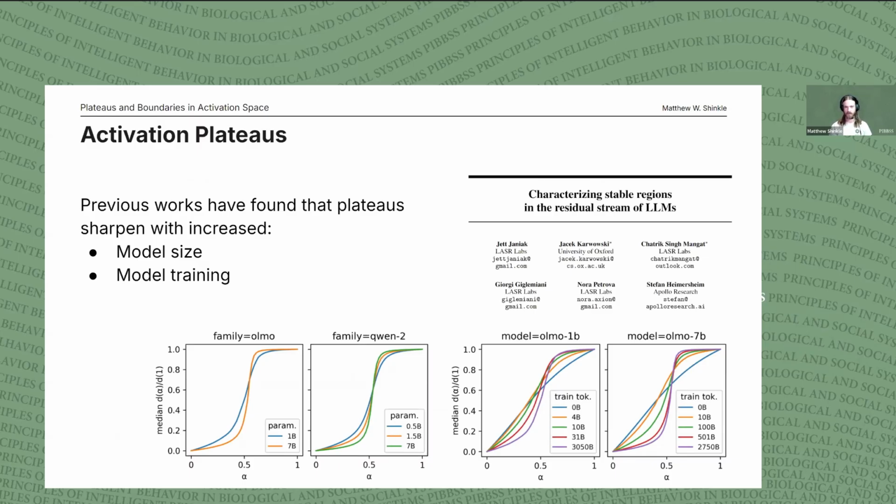So for example, in this paper, they examined how plateau boundaries relate to model size and the duration of model training, finding that both larger models and longer trained models tend to have stronger, sharper plateaus. And this occurs across a variety of different model families.